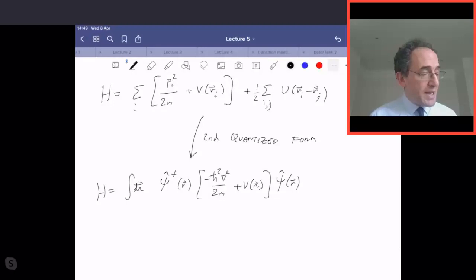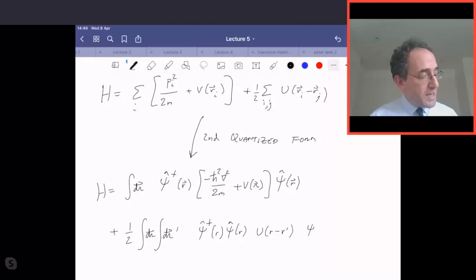And the interaction term is the integral dR dR prime, psi dagger hat of R, psi dagger hat of R prime, U of R minus R prime, psi hat of R prime, psi hat of R.